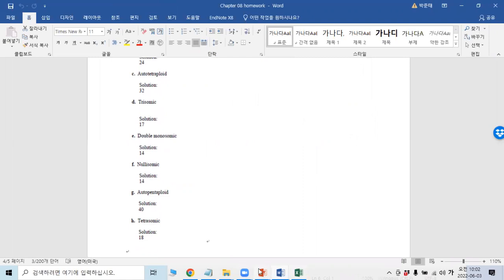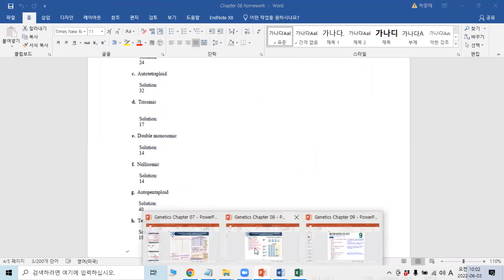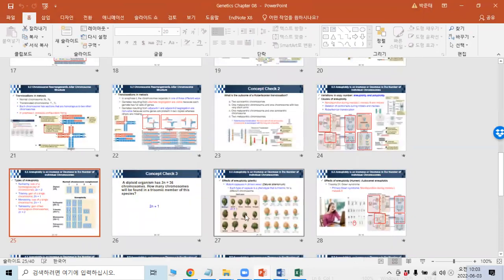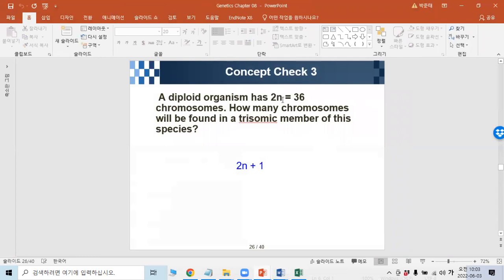But the important thing is to memorize this first: nullisomy is minus 2, trisomy is plus 1, monosomy is minus 1, tetrasomy is plus 2. Is it okay? In this case, 2N is 36, and trisomic means 2N plus 1, so the number is 37.